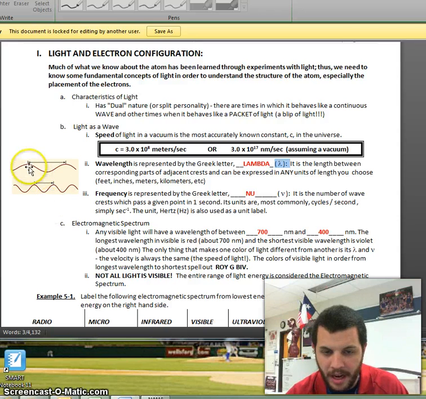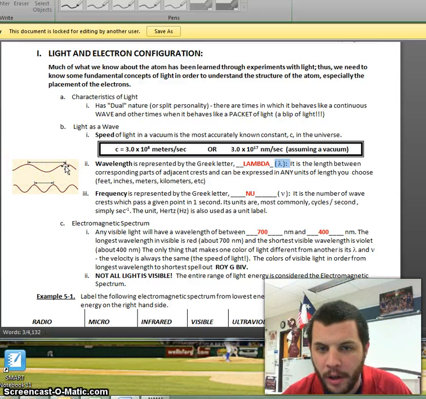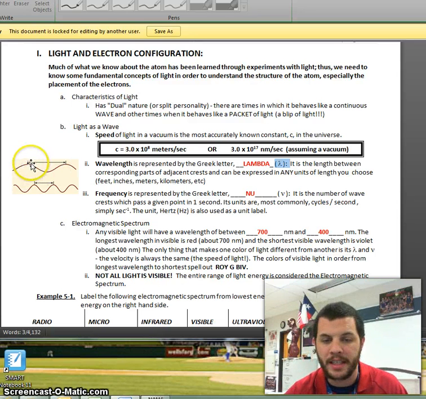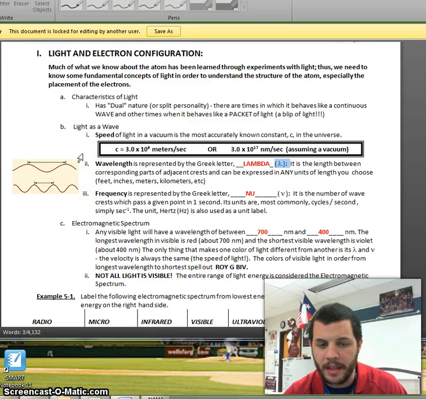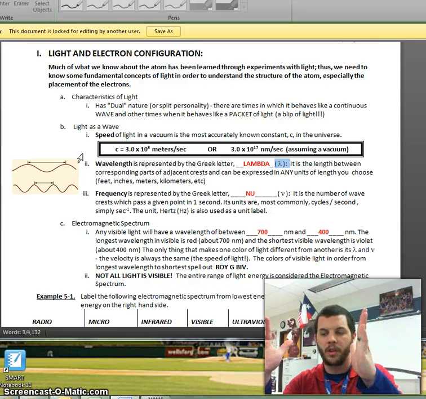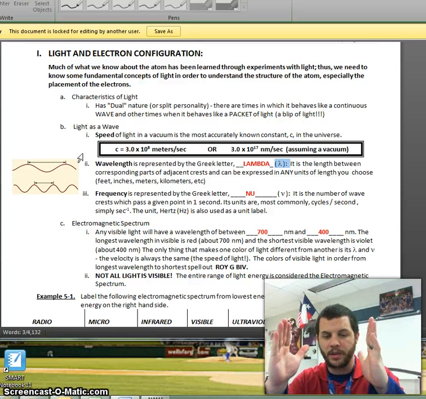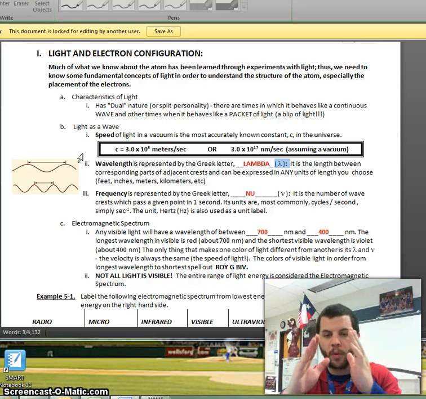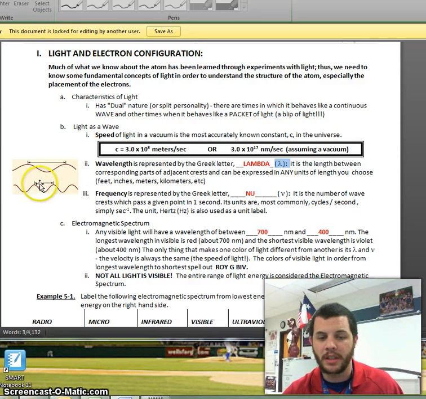Here are two different waves, and this one is going to have a longer wavelength. You measure length from either crest to crest or trough to trough. That's how long the wave is. Notice the bottom one has a shorter wavelength, because the crests are closer together.